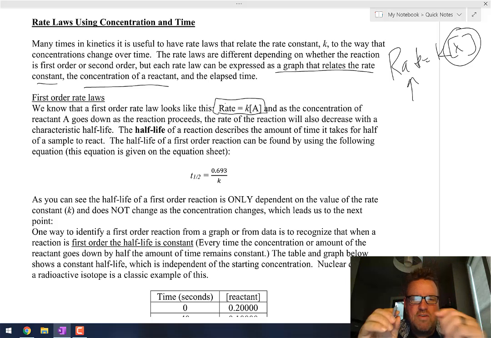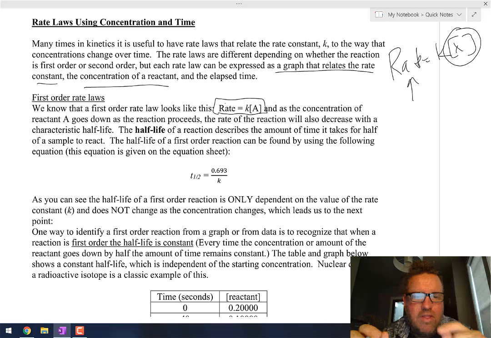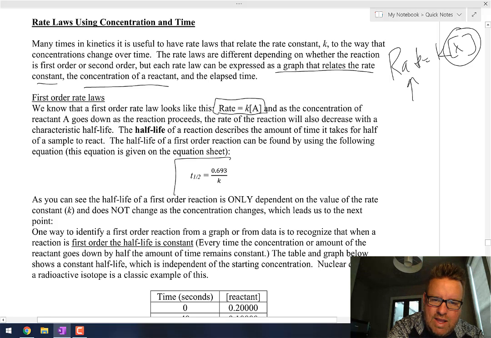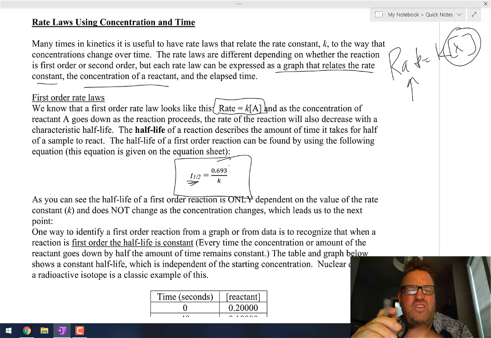The half-life of a reaction is the amount of time it takes for half of however much you have to react. And the way that you determine the half-life of only a first-order reaction, and yes, this is given on the equation sheet, is that the half-life is equal to 0.693 over the rate constant.